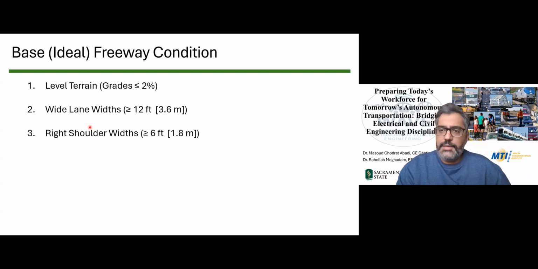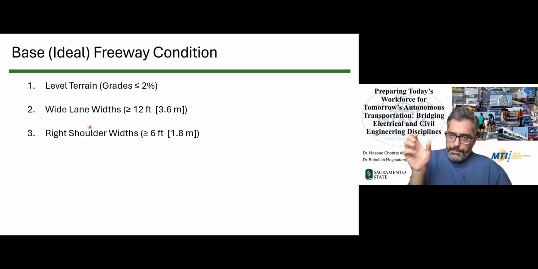The other thing is what happens on the right side of the freeway. This is what we call the right shoulder. The shoulder is that buffer next to the roadway. It may or may not be paved, but it gives some freedom, some buffer, to the drivers going on the freeway. So ideally, we should have a 6 feet clearance on the right side of a freeway.